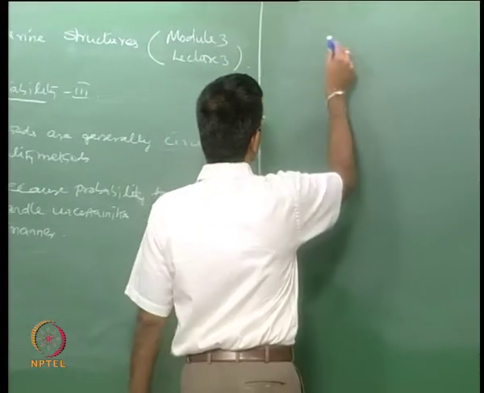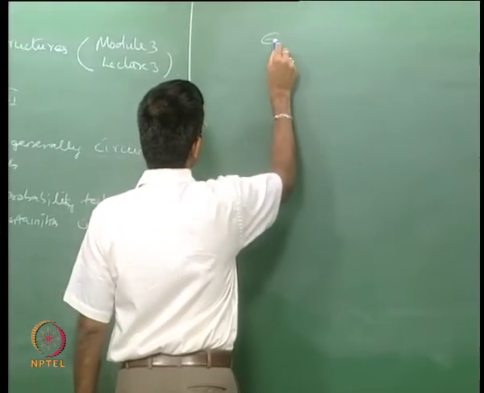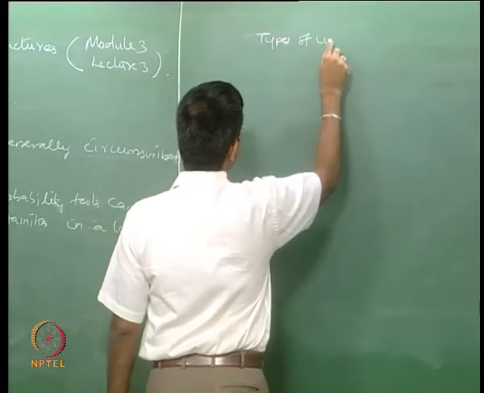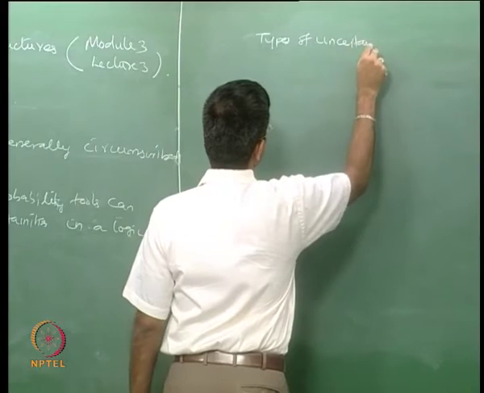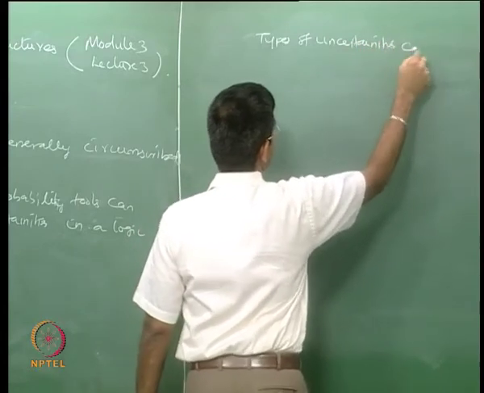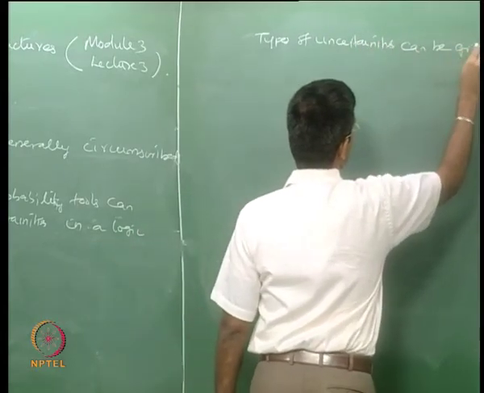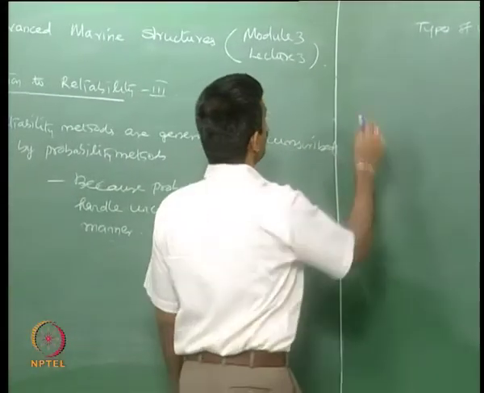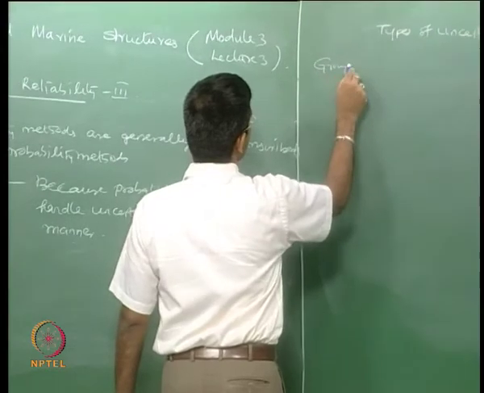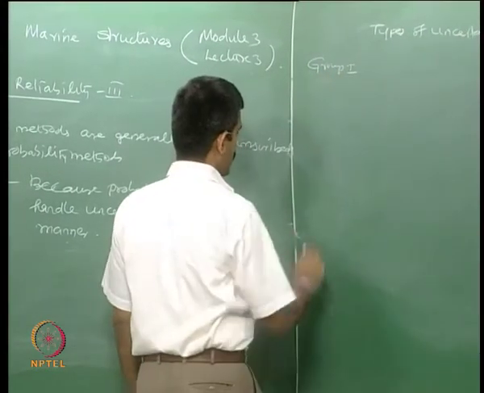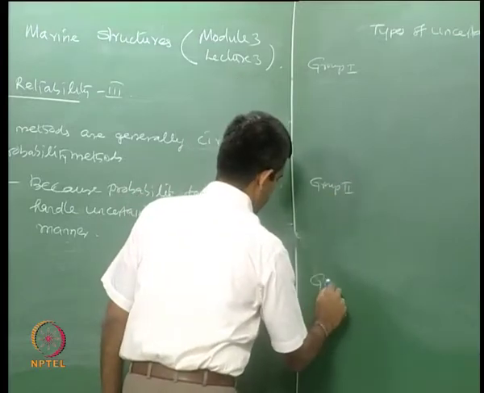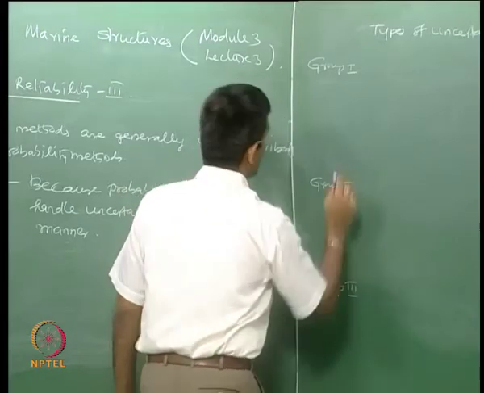Now, the types of uncertainties can be grouped. There are three groups: group 1, group 2 and group 3.